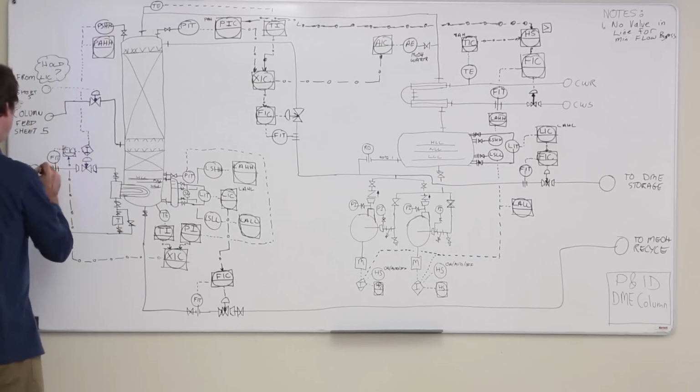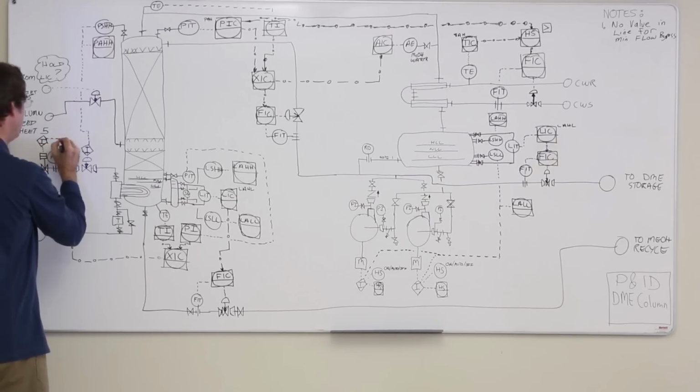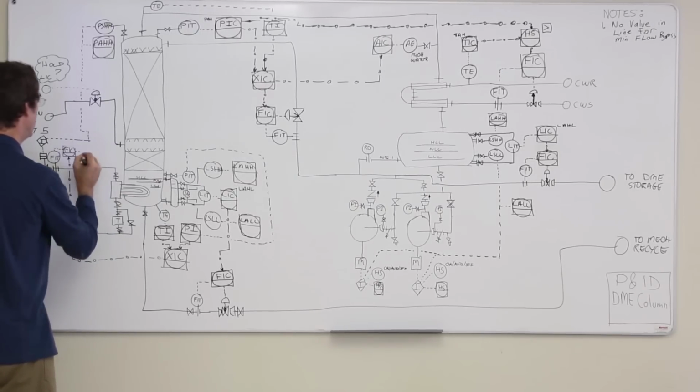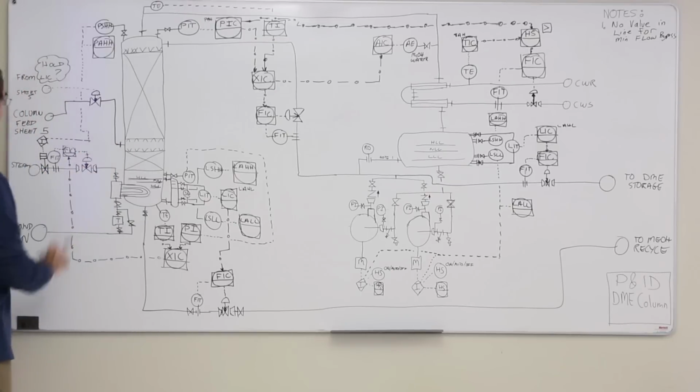So I can put the valve on either side. Let's put the valve here. I'm going to make it an on-off valve, so it's going to have a square on it like this. Like that. And I'm going to do it like that instead. So I'm not going to bother with the steam control valve.